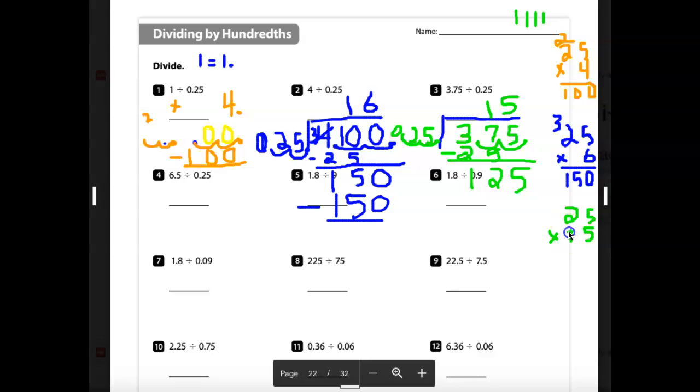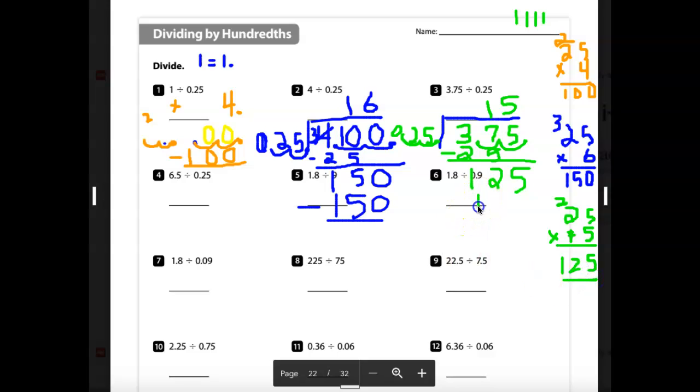I knew I was doing something wrong. Okay. 25 times this 5. We will get 5 times 5 is 25. And 5 times 2 is 10 plus 2 is 12, so 125. Okay. All right, there we go.